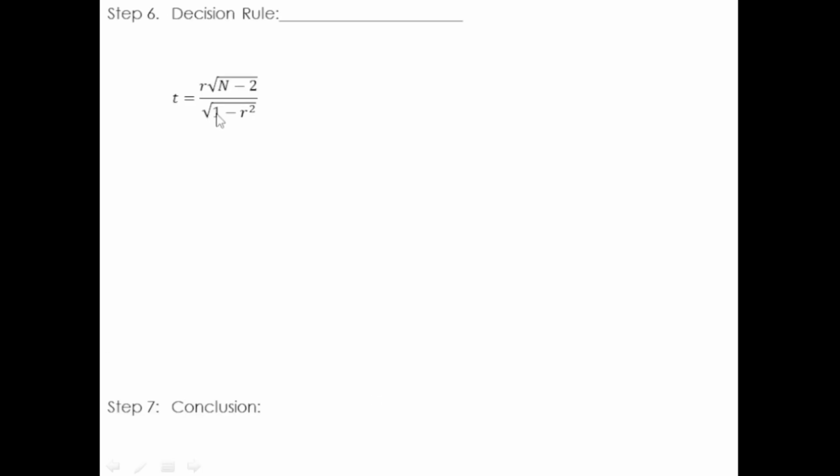Okay, so this is the formula. Let's just substitute. So this is 0.93, times the square root of 12 minus 2, all over the square root of 1 minus 0.93 squared.